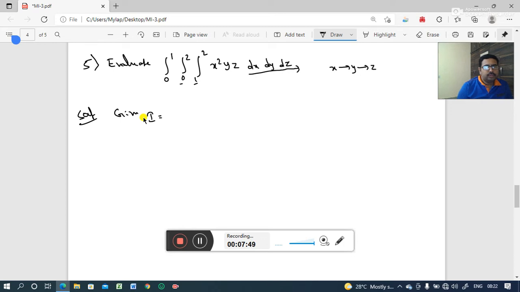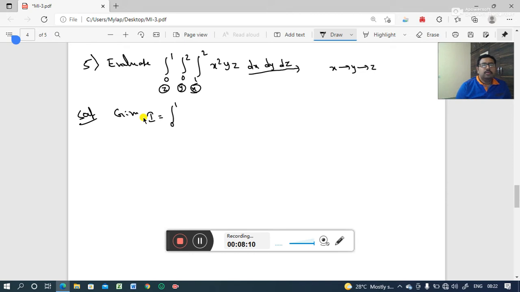So given I is equal to the first integral 0 to 1. Here if you identify the limits, the order of integration is x, y, z. Then accordingly 1 to 2 are your x limits, 0 to 2 are y limits, and 0 to 1 are z limits. Okay.